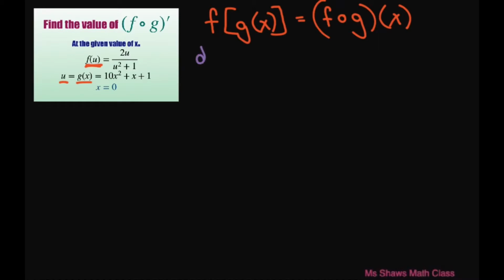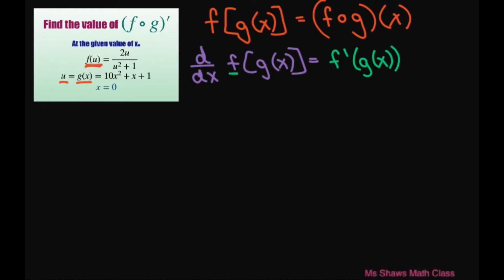When you take the derivative with respect to x of f of g of x, we use our chain rule, also known as the outside-inside rule. Take the derivative of the outside function times the derivative of the inside function. This is going to equal f prime of g of x times g prime of x.